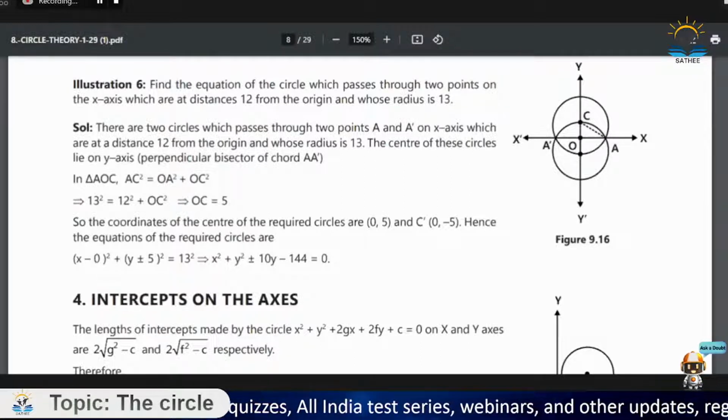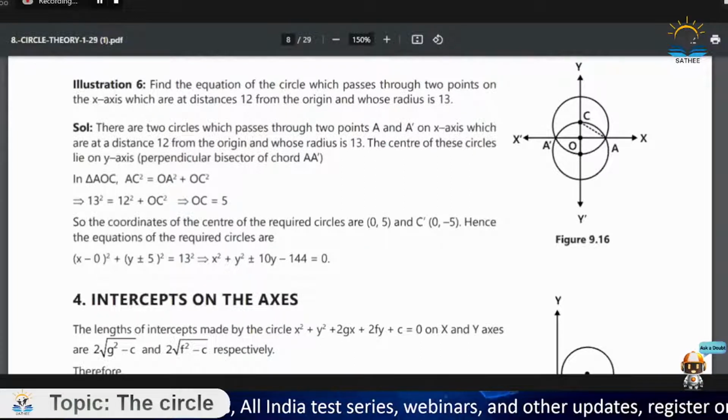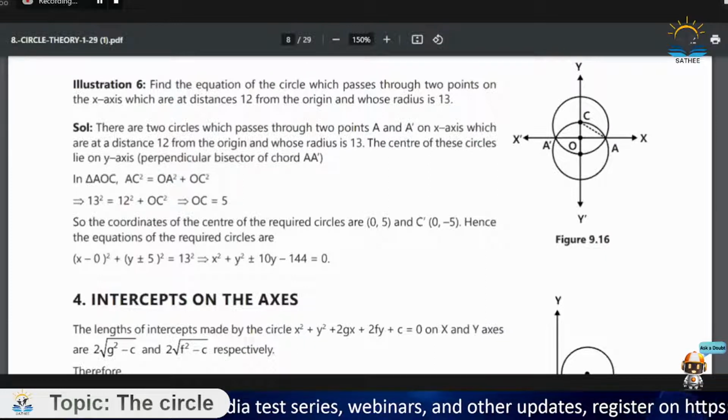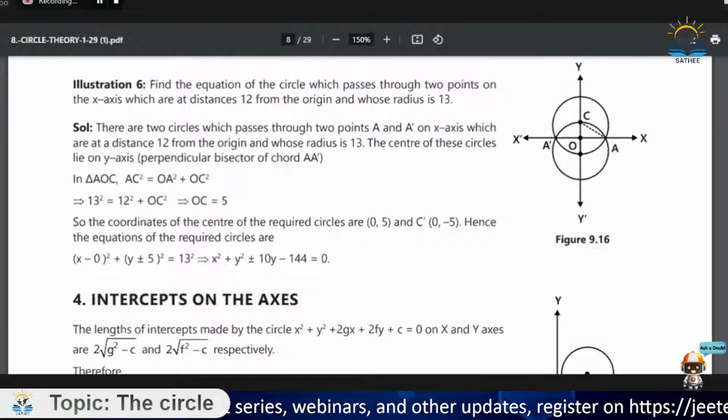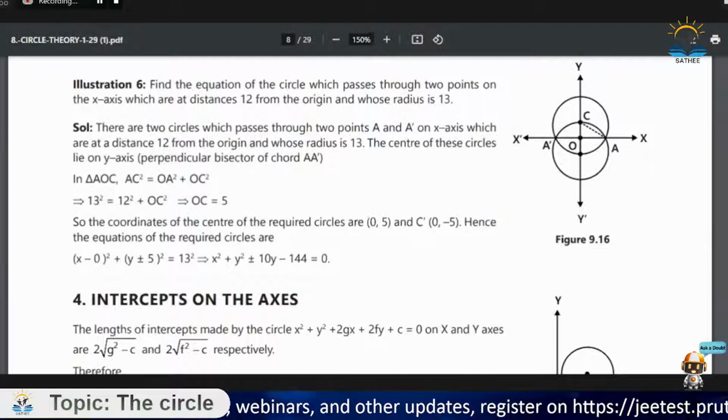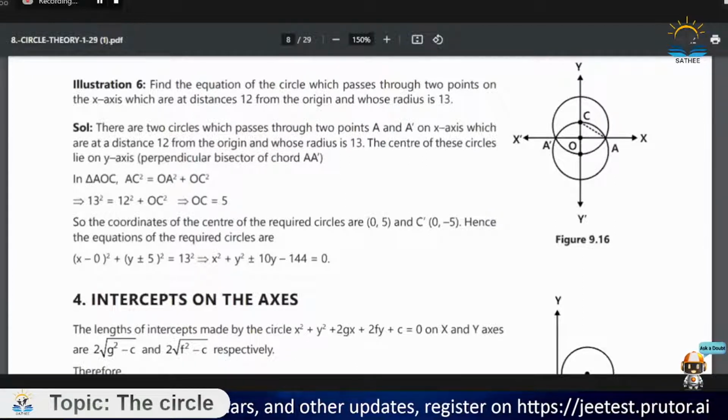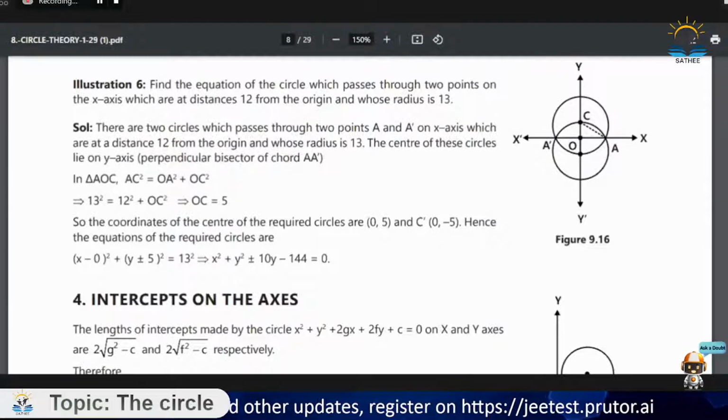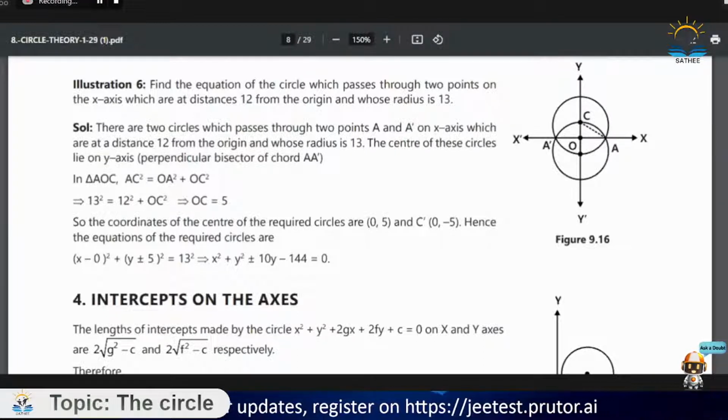So by simple geometry, we can say that 13 square is equal to 12 square plus OC square, where OC comes out to be 5. So basically y comes out to be plus minus 5. So we get x square plus (y plus minus 5) whole square is equal to 13 square. So we will get here two equations of the circle.